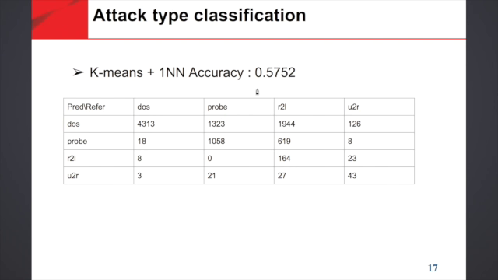So in this case, you can see a lot of probe attacks and R2L attacks are classified as DOS attack. Maybe that's because there are so many DOS attacks and it just scattered along the distribution and it's everywhere.